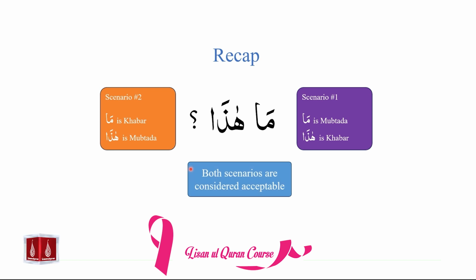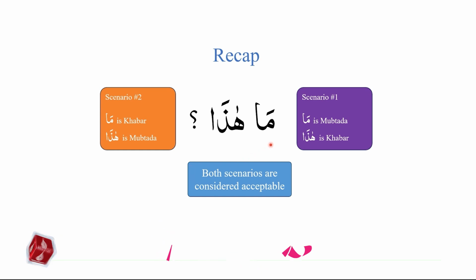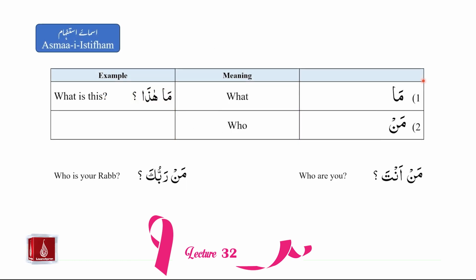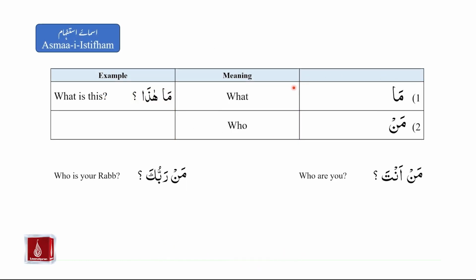Both scenarios are considered acceptable, and our conclusion is that when we use Asma-ul-Istifham with Jumla Ismiya, the Asma-ul-Istifham will become a part of Jumla Ismiya. Our first Ism-i-Istifham was ma. Ma means what, and an example is ma haza, meaning what is this.